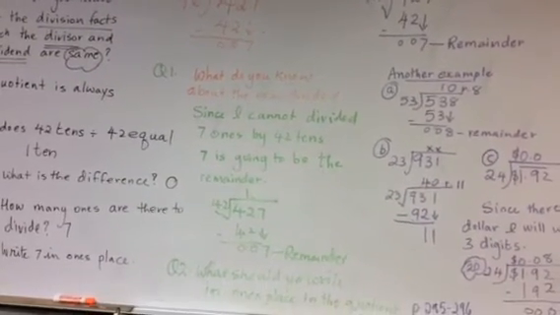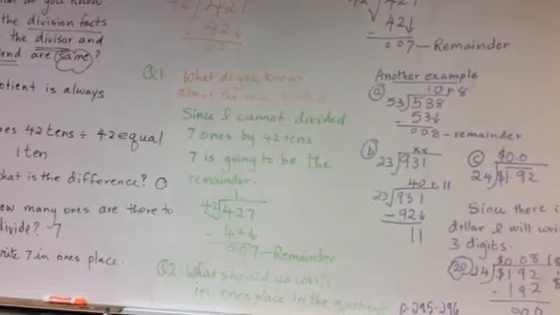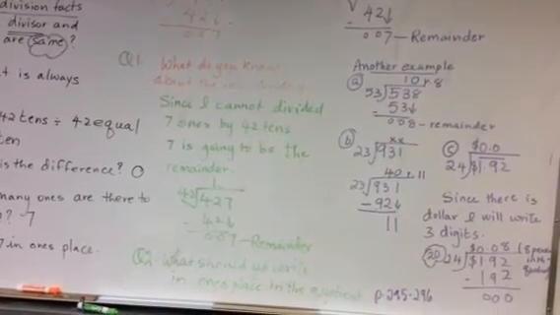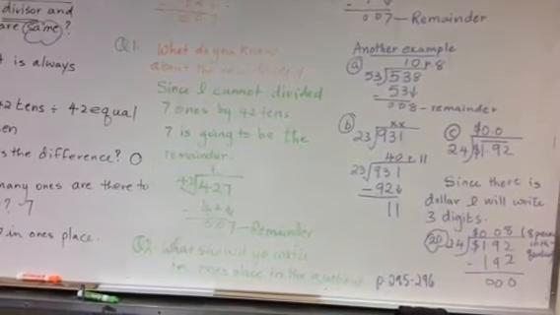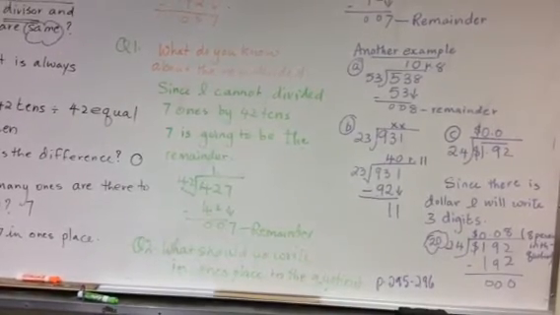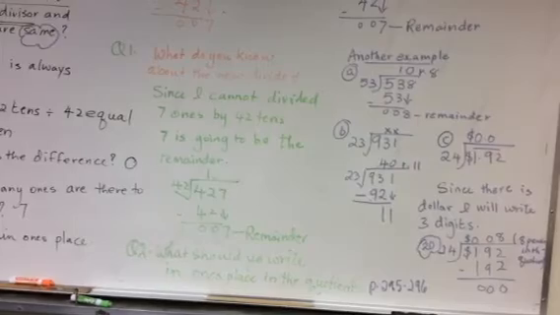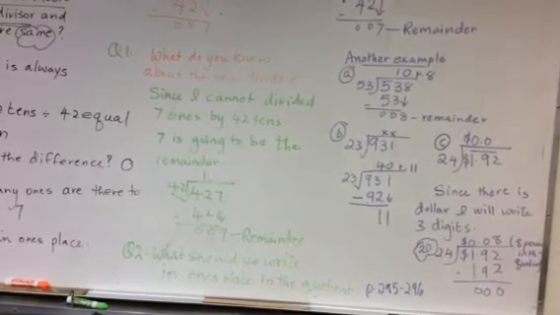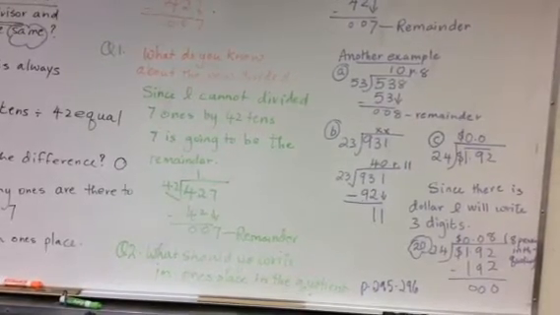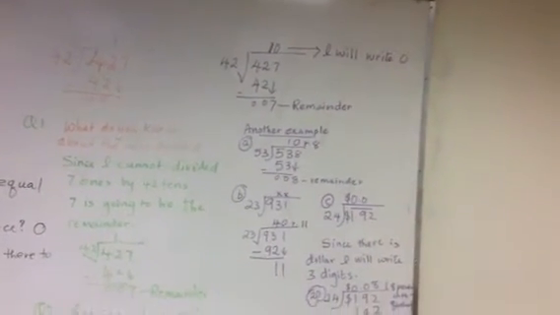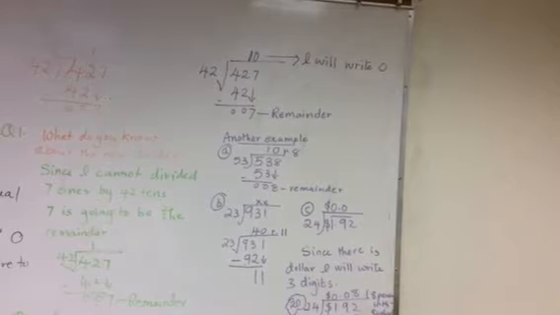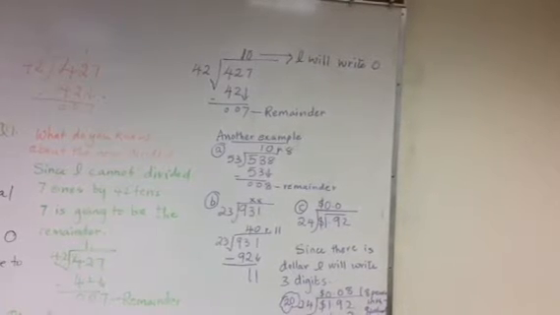But what should you write in the ones place in the quotient? Think about it. What should you write in the ones place when you are dividing? 42 cannot go into 7 because 7 is way smaller than 42, and 42 is greater than 7. So you will place a 0. I will write a 0 in the quotient in the ones place.